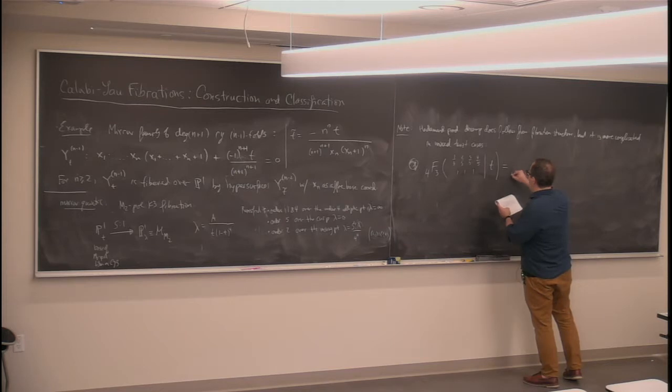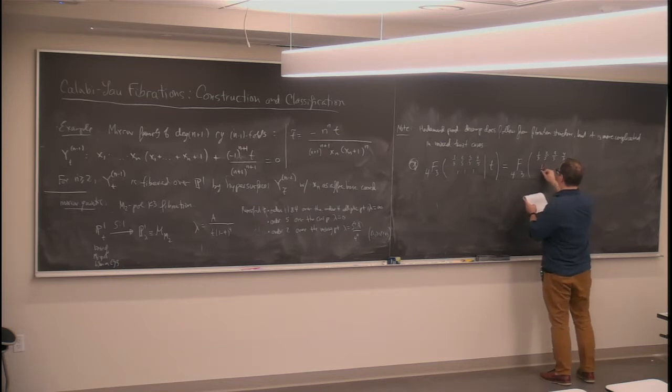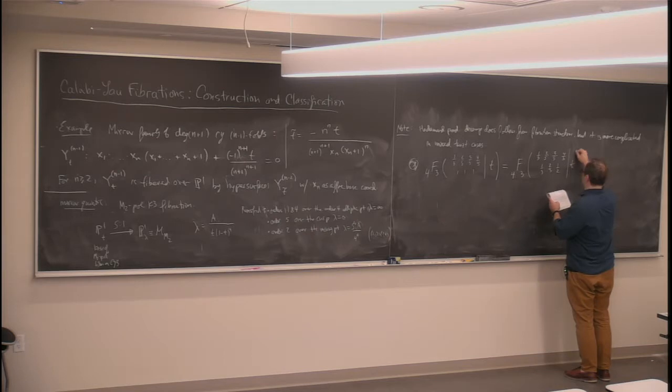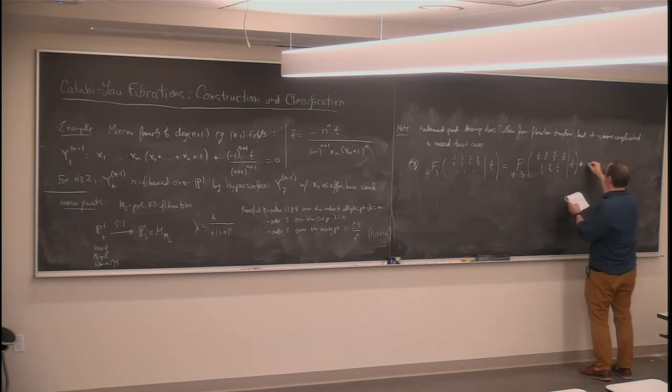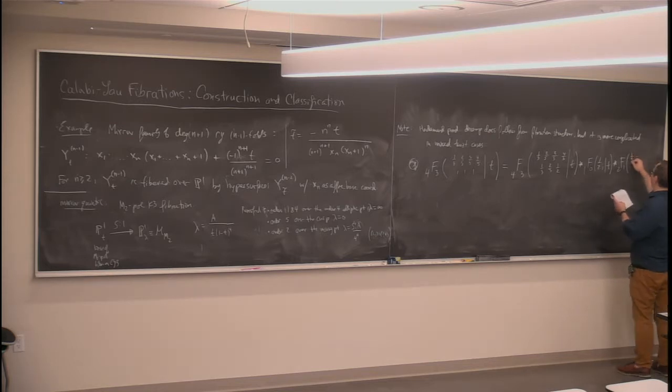What it actually, this is what corresponds to the fibration. You track it through. 4F3, 1/5, 2/5, 3/5, 4/5, 1/3, 2/3, 1/2, T, Hadamard product 1F0, 1/2, T, Hadamard product 2F1, 1/3, 2/3, 1, T. Okay.